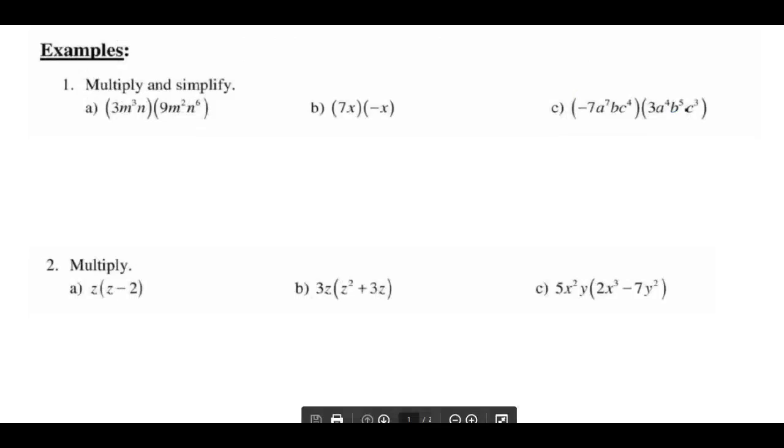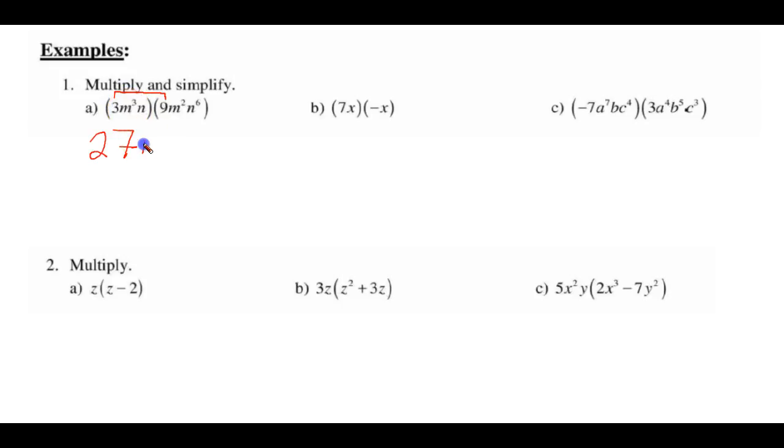Now I'll do the first one, and then we'll give you some classwork where you can work on some of these. Now, when we are multiplying what in essence is a monomial times a monomial, we just multiply the numbers, and then for our variables, as you recall from an earlier lesson, we just add the exponents.